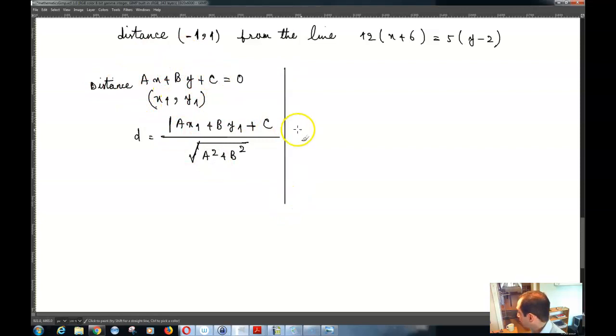and then we had also something else called the distance of two parallel lines.